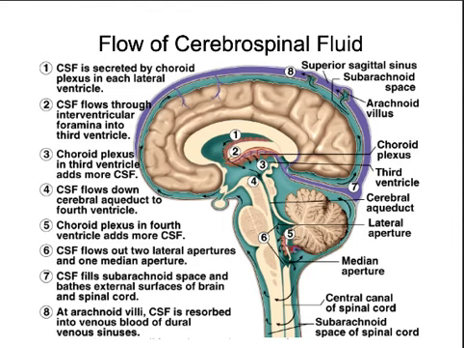See how the CSF is secreted by the choroid plexus at 1, flows through the interventricular foramina into the third ventricle at 2, okay? The choroid plexus in the third ventricle adds more cerebrospinal fluid at 3, flows down the aqueduct to the fourth ventricle at 4, and the fourth ventricle adds more CSF, and then it flows out those apertures and bathes the outside of the central nervous system in the subarachnoid space.